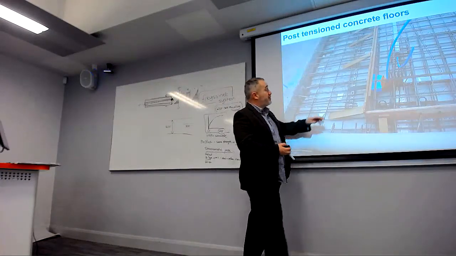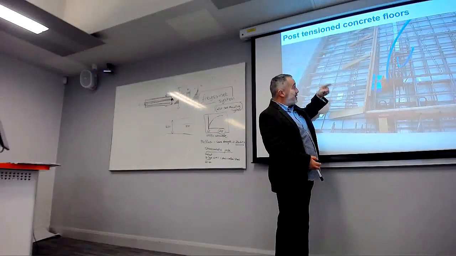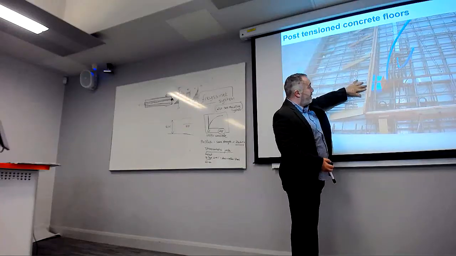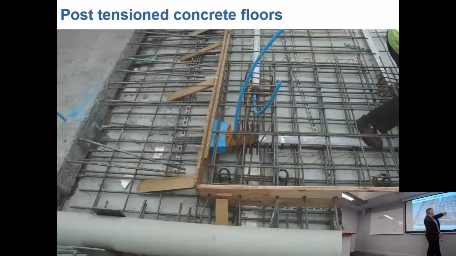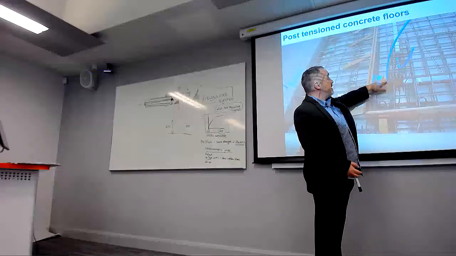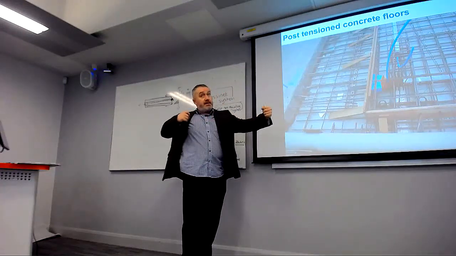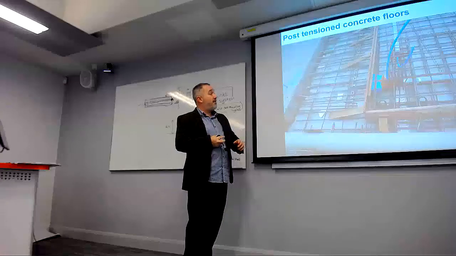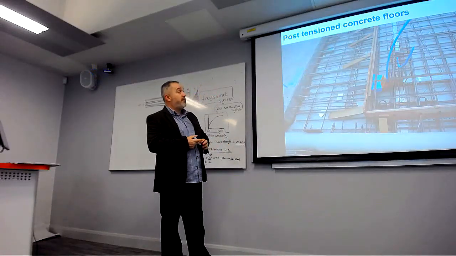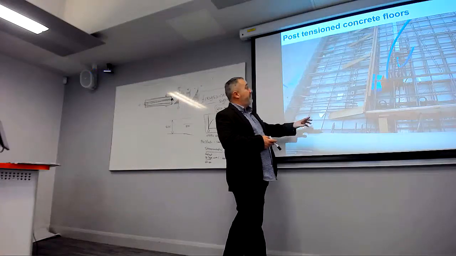This is a close-up showing 4 bars of twisted wire going through the anchor block, into this tube here. The tube is filled with grout afterwards. Once the steel's been tensioned, to protect it they fill the whole tube with grout, so there's no chance of these tensioned wires failing.